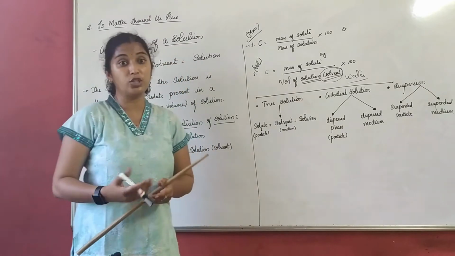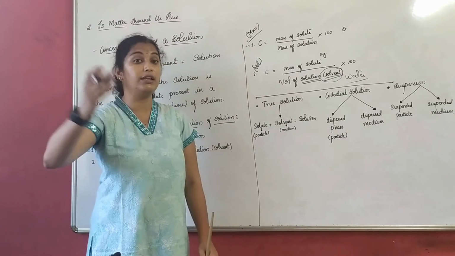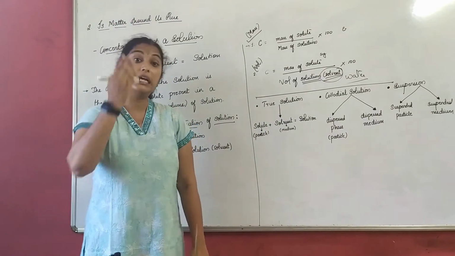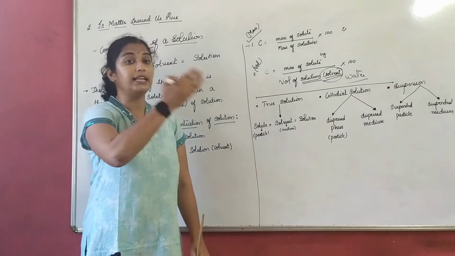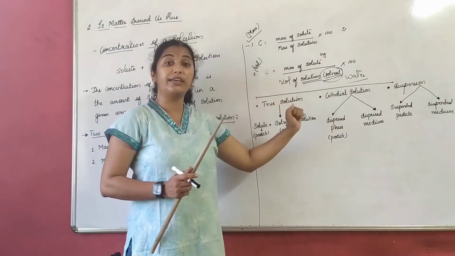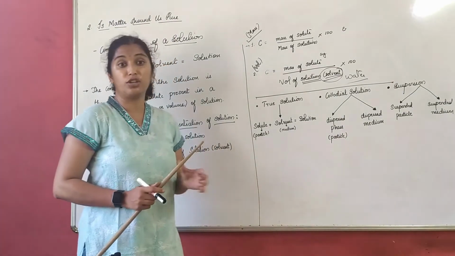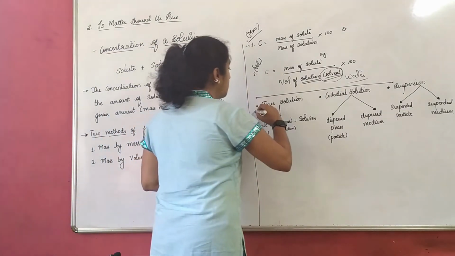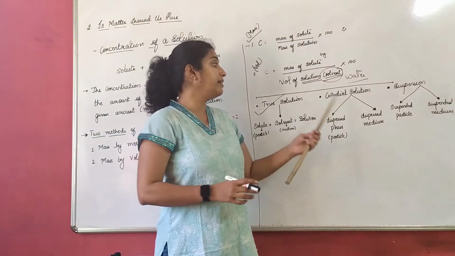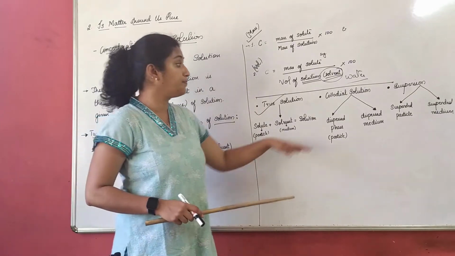We also understood the different phases: solid in solid is solid, liquid in solid is again liquid, liquid in gas is again liquid. In our yesterday's class, we covered in different phases what solution we get, with examples. And we understood concentration of the solution. Now what is left over is colloidal solution and suspension, to know a few more of their properties.